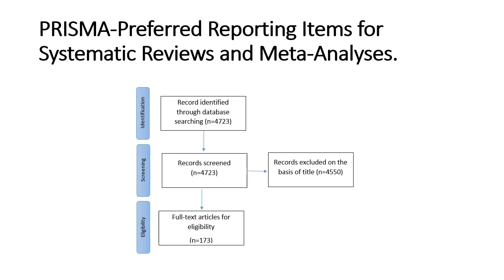Screening means I excluded papers based on the exclusion criteria I already defined, which you saw in the previous slide. I excluded 4,550 papers, and I found 173 papers that are related to my research question. Let's go to the database and identify how we search the papers using the query.